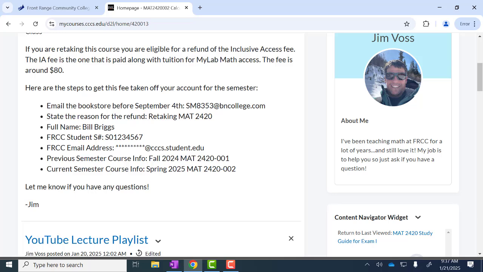It's $80 or $85. It always goes up, of course, every year. I forget what it's at right now. But if you've taken this course in this format at this school before, then you can send the bookstore an email with this information, and they will strike it from your account before they actually take it out of your account. So if you want that refund, do it.